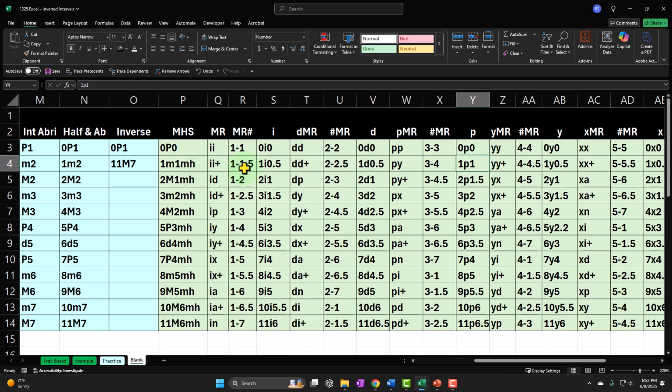Within the Phrygian, if I go 1 node away, it would take me from the Phrygian node to the Lydian node. So I would call that a 1 node away Phrygian first modal half step, which would be the second scale degree.